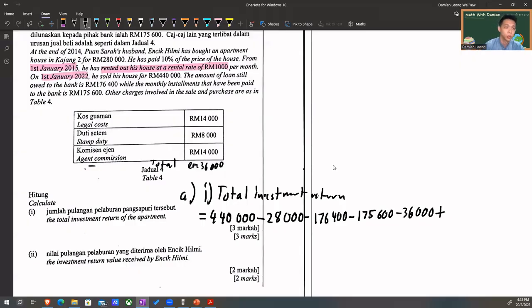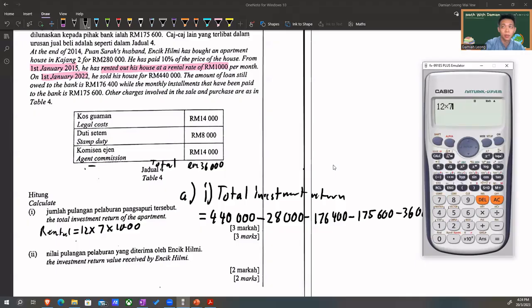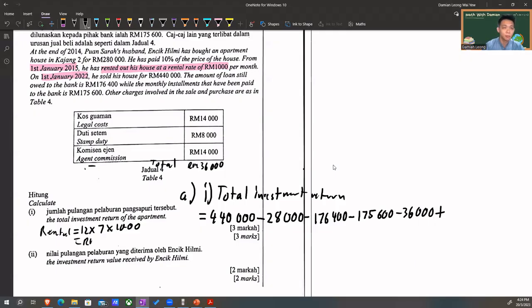You can calculate that separately: 12 months a year times 2015 to 2022, that is 7 years, times 1,000 each month. 12 times 7 times 1,000 is 84,000 ringgit.